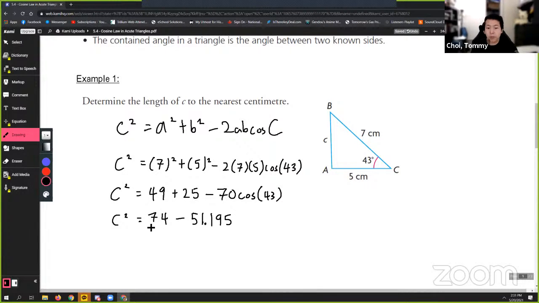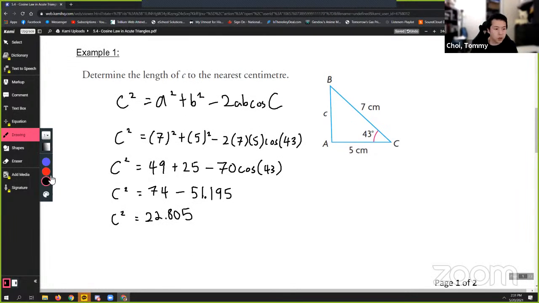Then once we have that, we can now do the subtraction, and that brings us to c squared is equal to 74 minus this, and I get here.